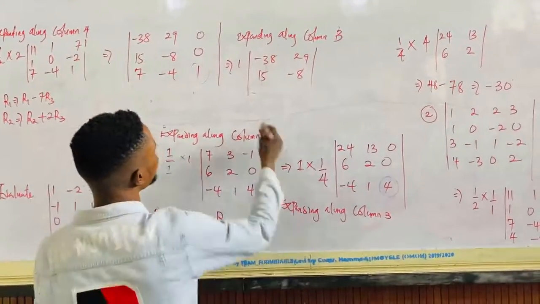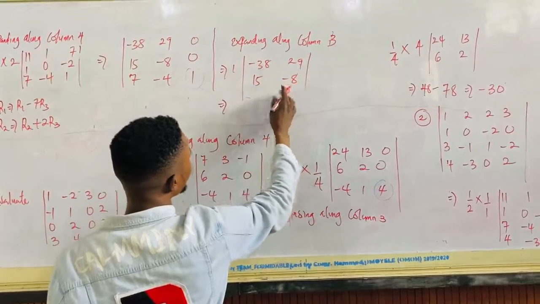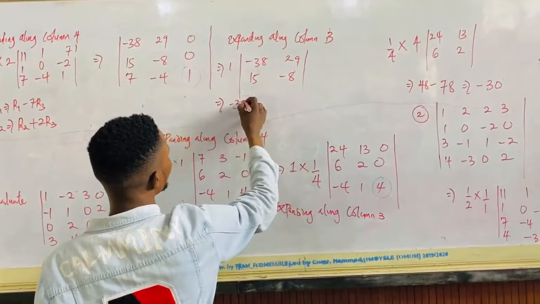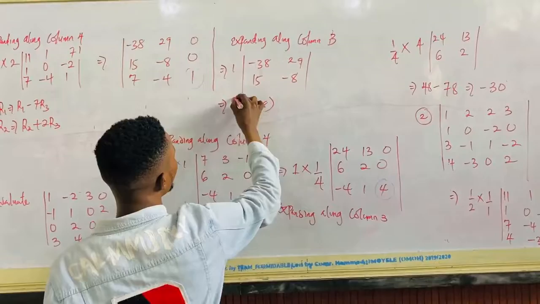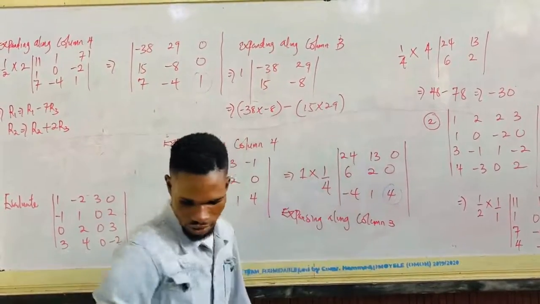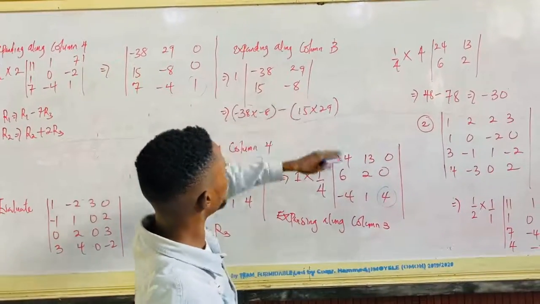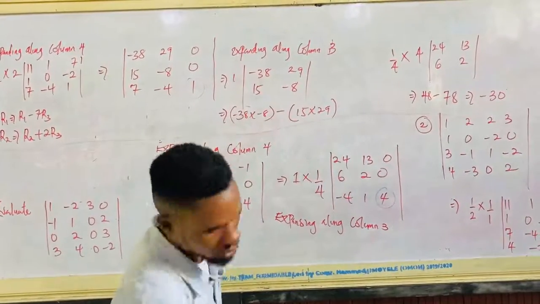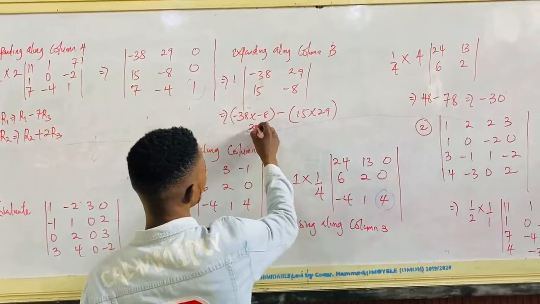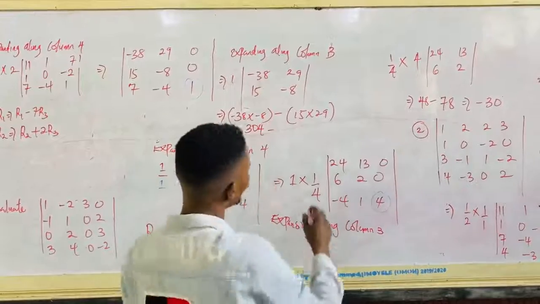Now, evaluate. Minus 38 times minus 8 is 304. Then 15 times 29 is 435.